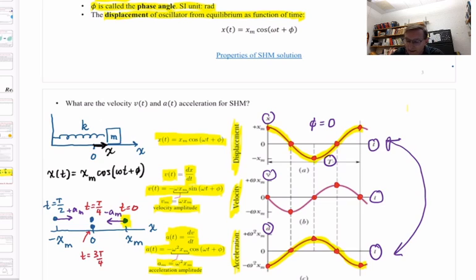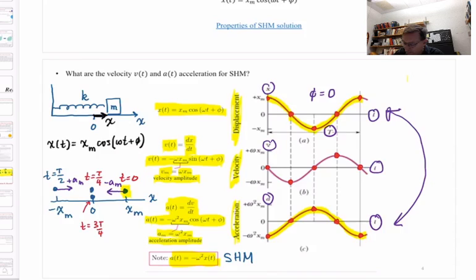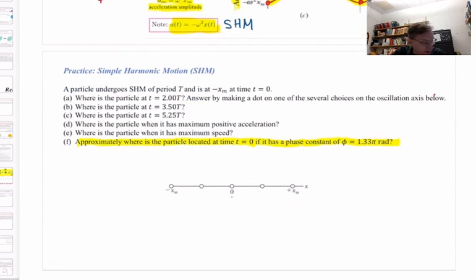So let's go back to my diagram down here, and let's note where the particle will be at time 0 if the phase angle is 0. It will be located right there, at plus x max, because I have a simple cosine, and a cosine has its maximum at 0.